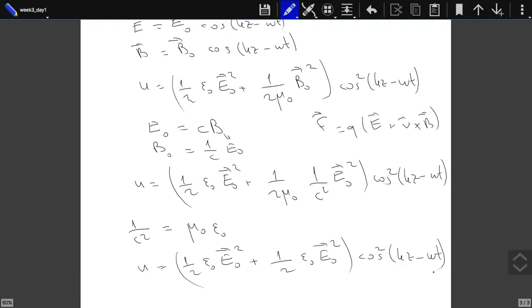And keep in mind, this is the energy density stored in the electric component. This is the energy stored in the magnetic component. It just turns out that they store the same amount of energy density.